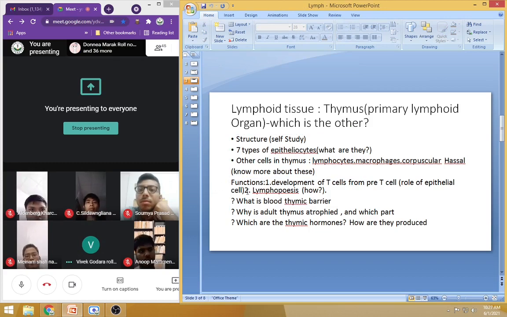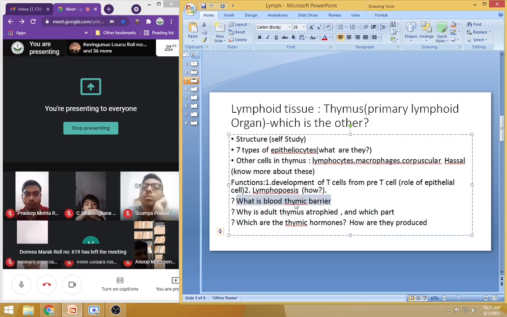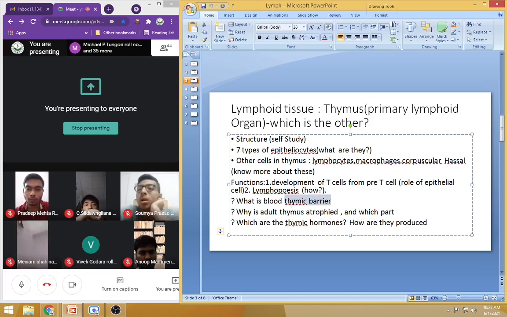Just tell you something about the histology, right? And in animals, this is very highly developed, not so much in females. And there is a blood thymic barrier. You have heard about the blood brain barrier, right? But there is also a blood thymic barrier where blood cannot enter the thymus.